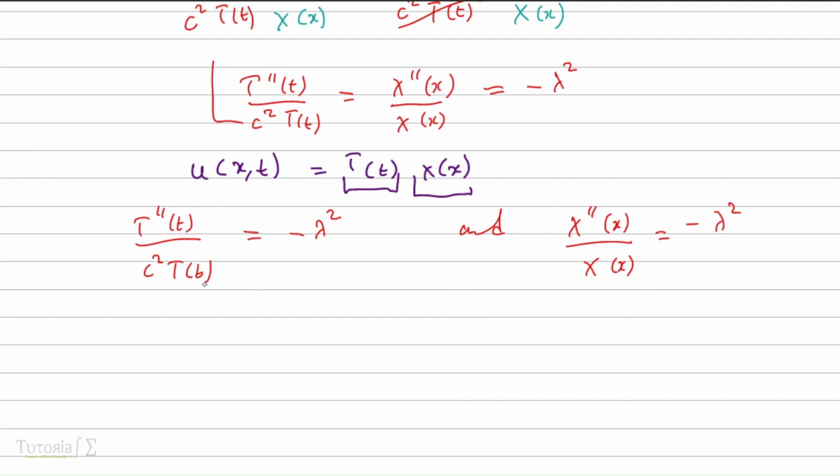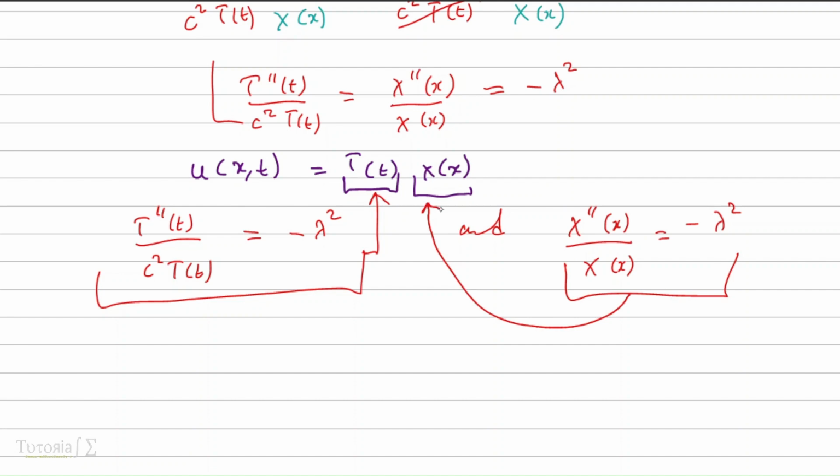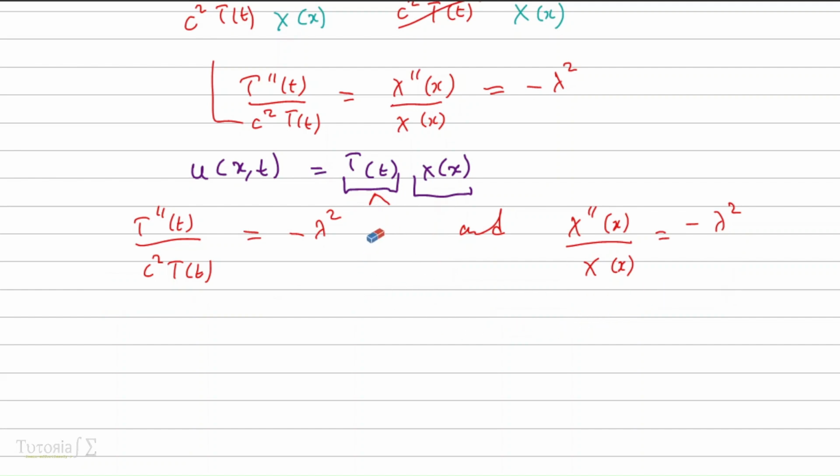This will help us find the value of T, and this will help us find the value of X. Once we find the values, we replace them, then we solve for u. Okay, so let me start.